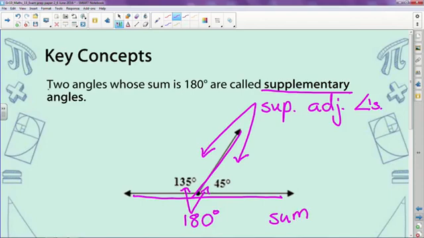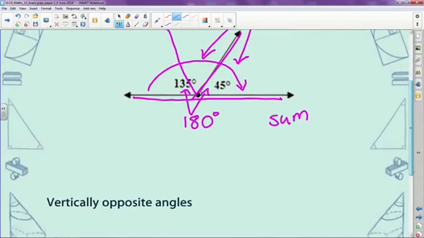There it says two angles whose sum is 180 degrees. Maybe that 2 is a bit misleading because it could be more than 2 angles. We could have another angle over there and they would all add up. The whole section would add up to 180 degrees. So it's any angles that form a straight line.